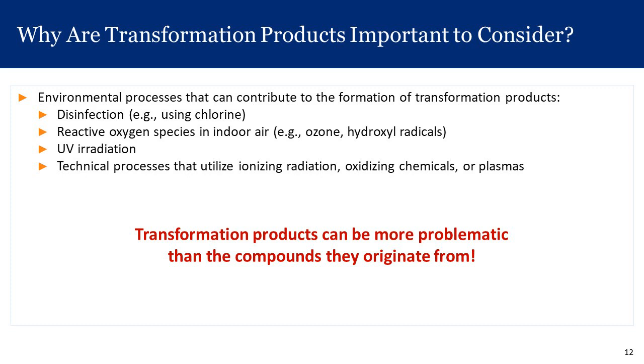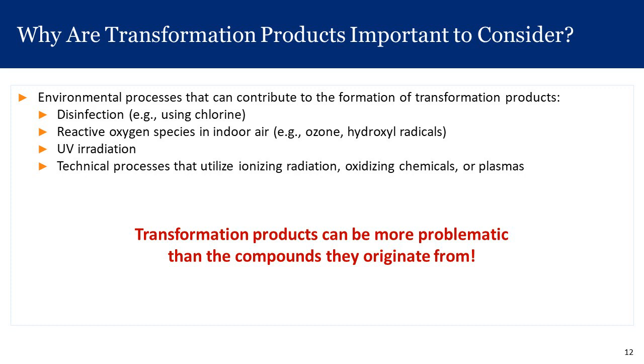UV irradiation is another important aspect, which is used for disinfection, but also in some technical industrial processes. And irradiation can also lead to a degradation of organic chemicals. And again, if we're thinking about monitoring for exposures, we also have to think about what these reactions lead to, and whether there are any byproducts that we want to also assess.